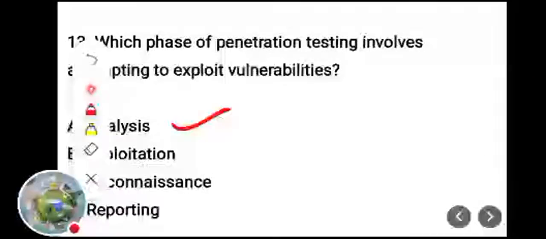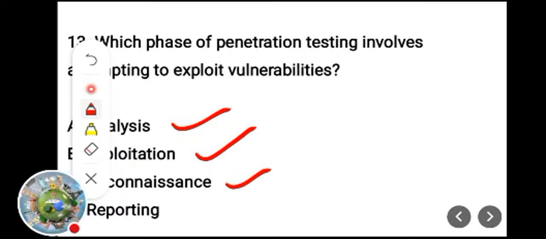Analysis means you are analyzing the vulnerabilities or weaknesses in the system. Exploitation means identifying the weaknesses. Reconnaissance means gathering the information. Reporting means whatever analysis is done by the penetration testing, everything will be recorded in the report.